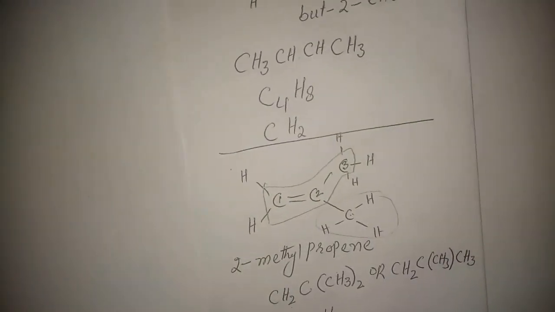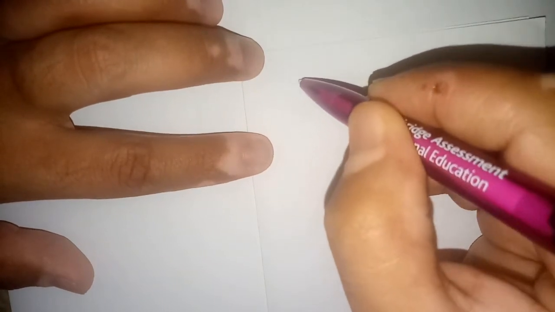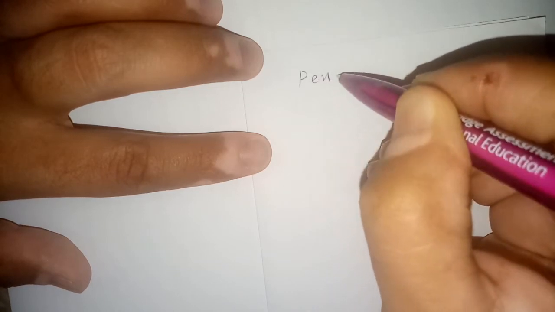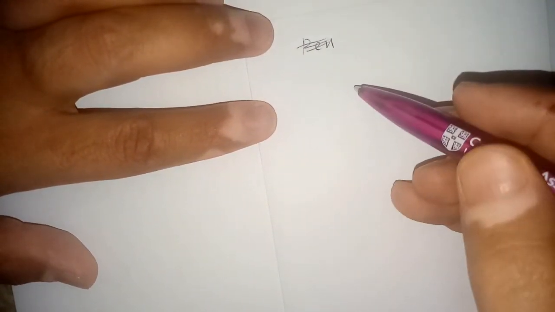Now proceeding towards the next format: if you are provided with the name and you have to draw the structural or displayed formula, then what do we have to do? We are starting with the structure first and then we have to name it. Like we can say this is the structure.